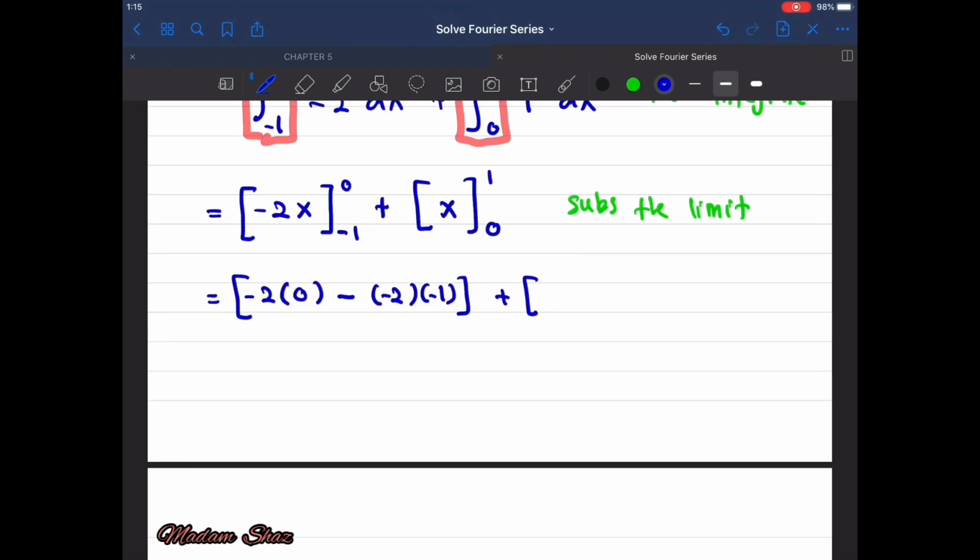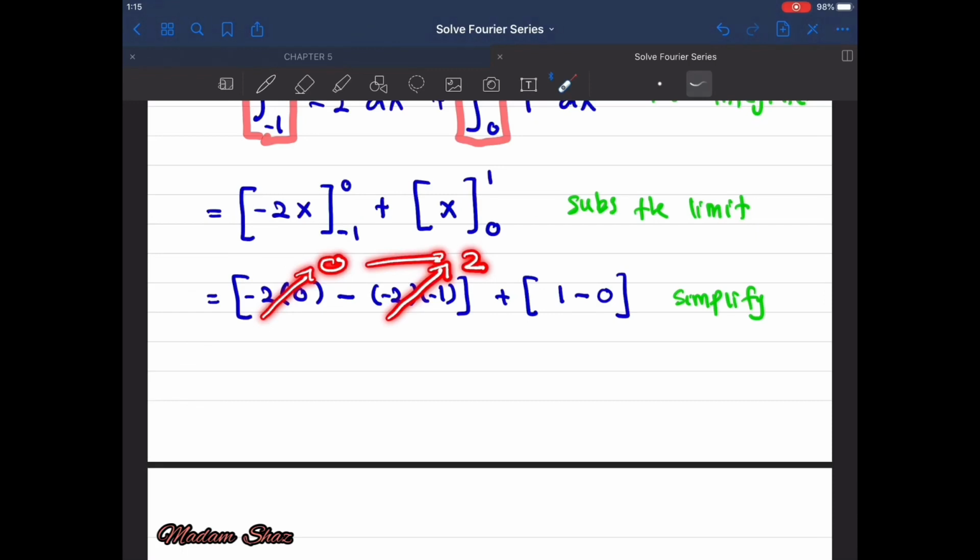Plus, substitute for the second one: 1 substituted into x becomes 1, minus 0 substituted into x becomes 0. Simplify. Negative 2 multiply 0 minus negative 2 multiply negative 1. Negative 2 multiply 0 will become 0. Negative 2 multiply negative 1 will become 2. 0 minus 2 will become negative 2.